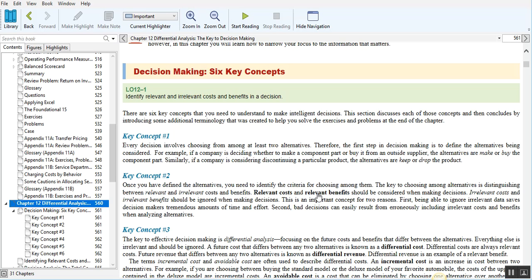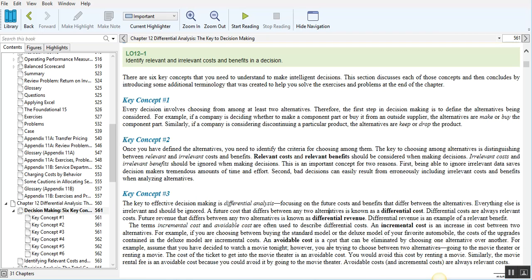If it doesn't change because of our decision, then it's really not going to be relevant because the decision doesn't have any impact on it. We're also going to think about differential cost and revenue, which is what I mean by relevant costs and benefits here, because these differential costs and revenue are those things that change.